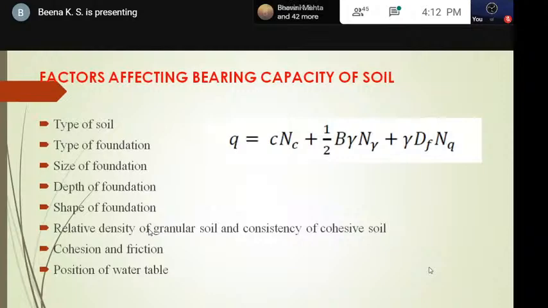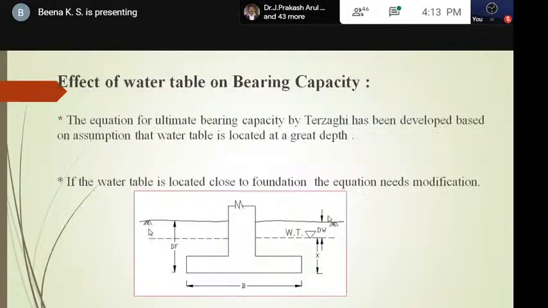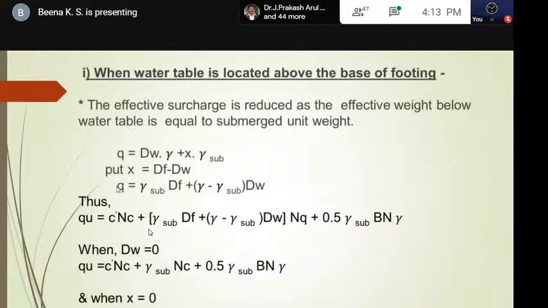In this equation, the q Nq part is the effective surcharge, that is, the soil above the base of the foundation is of concern. And here this is a factor which we derive from the elastic wedge portion. So in this portion, the soil below the foundation depth matters. So accordingly, we make changes with the position of the water table also.